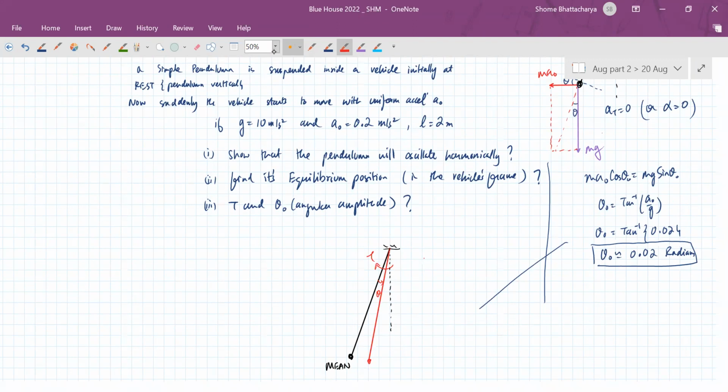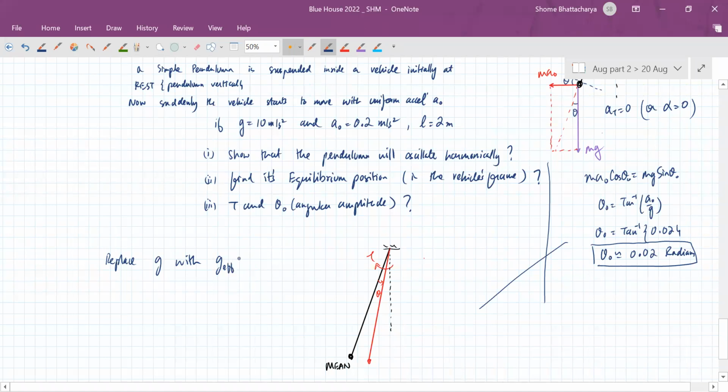So what will be the easy way of doing this calculation? Just replace g with effective gravity, which is the square root of a naught square plus g square. So the omega square will become g effective by L, and the time period will become 2 pi under root L by g effective.